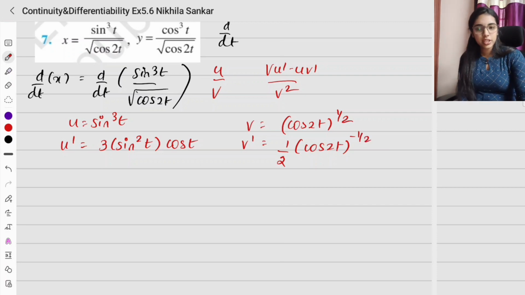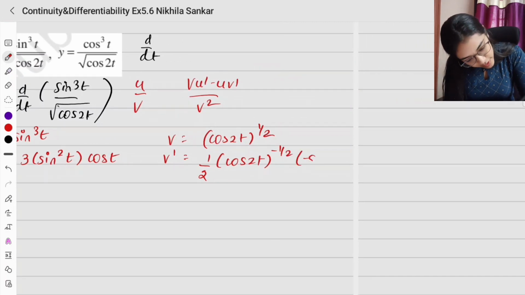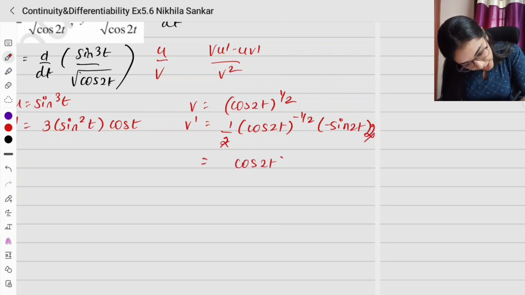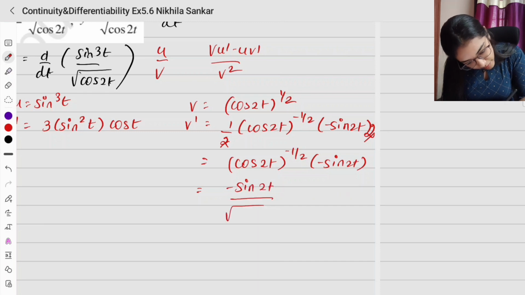Again, further differentiating cos 2t, the derivative of cos is minus sin 2t, and again differentiating 2t, I'll be left with 2. So what is my final answer? The 2 and the 2 will get cancelled here. So I have cos 2t to the power minus half times minus sin 2t, which I can further simplify as minus sin 2t divided by the square root of cos 2t.